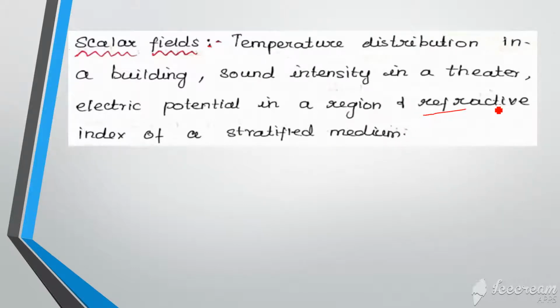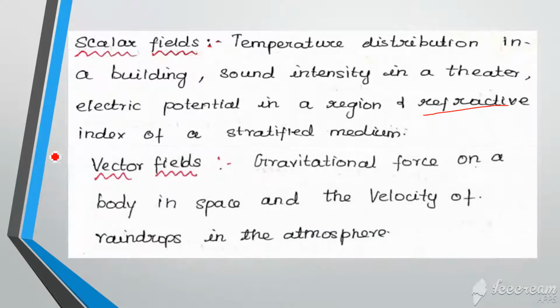Refractive index is with respect to optical communication. Next, vector fields: gravitational force on a body in space and velocity of raindrops in the atmosphere. These are some examples of vector fields.